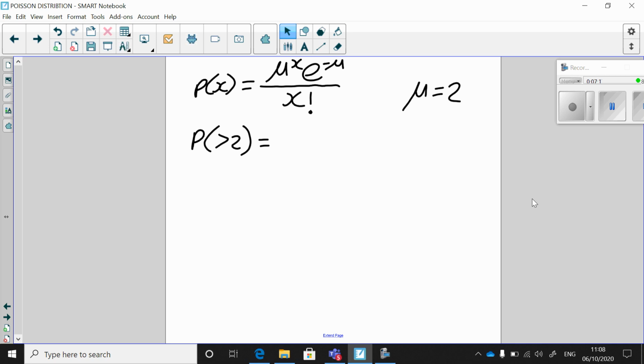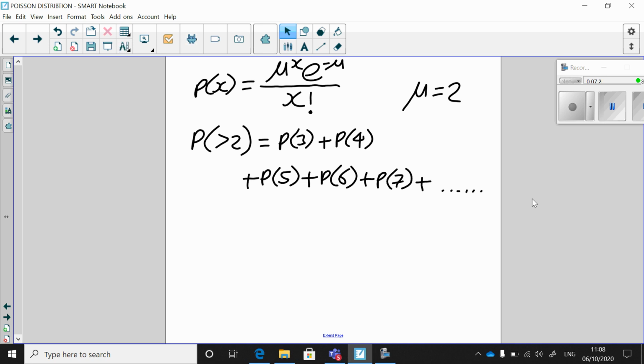Greater than 2, first one would be 3, 4, 5, 6, 7, dot, dot, dot. Have we got an upper limit here? Well, there were 2,000 individuals, so we do have an upper limit. But that's a lot of calculations. And don't forget the plus, dot, dot, dot, up to the plus.